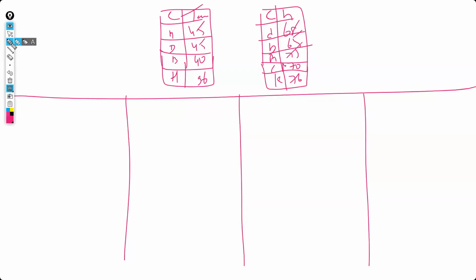First one, the 2 tables. In the 2 tables, there are common things. Mumbai is available here, and here also Mumbai. Delhi, Delhi, Bangalore, Bangalore. It means at least one common record is there, an intersection. Point is clear? Now, table 1, table 2.